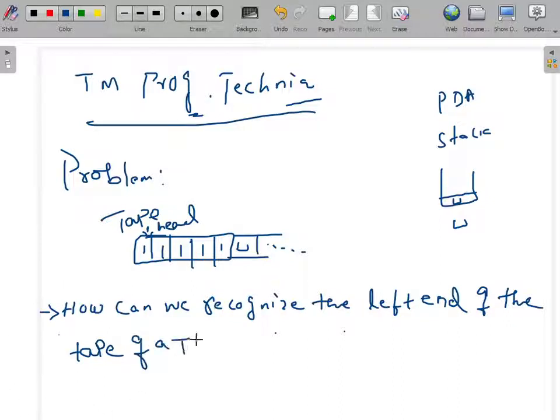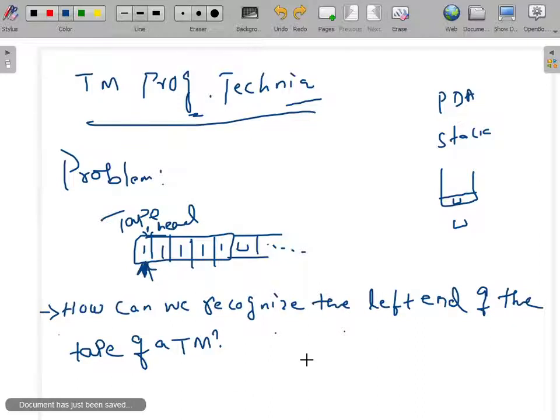This is the problem: how to recognize that this is my left end.